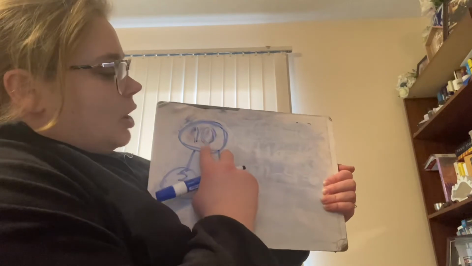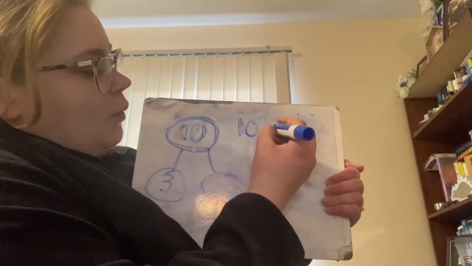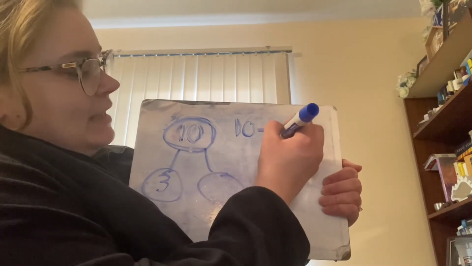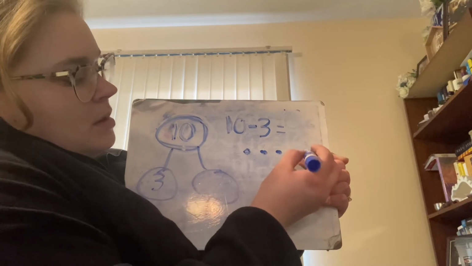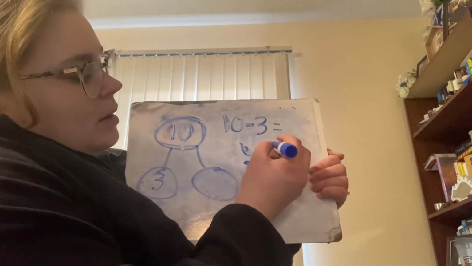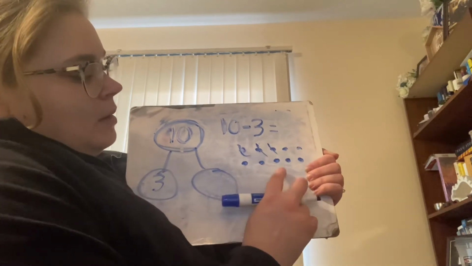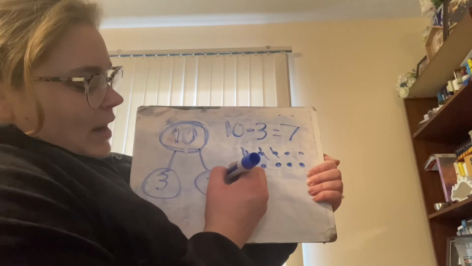So I'm going to start with my whole, 10, and take away my known part, minus 3. Whenever I have 10 and I take away that known part, it's going to leave me with my unknown part, and that's what would go right here.